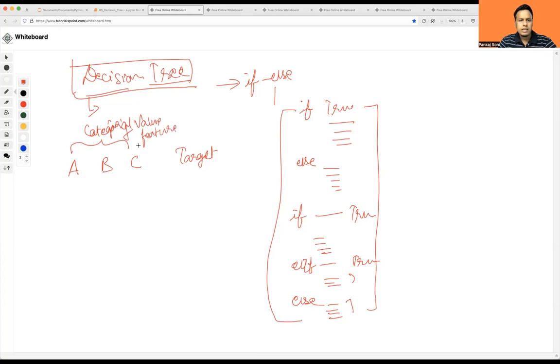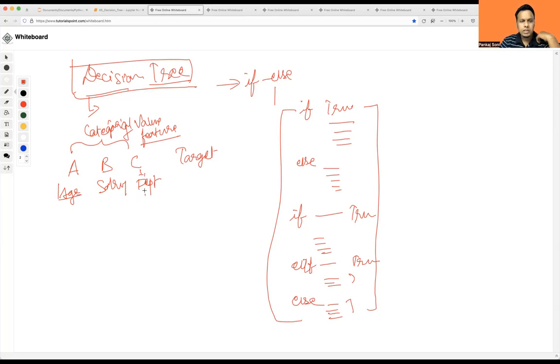Let's say these features are based on employees. So A stands for, let's say, the age column, B, let's say salary, and C, let's say department. This age will be a continuous value, or it could be discrete also, based on the format they have selected. Salary will also be discrete or continuous based on the format selected. Department could be a pure categorical value.